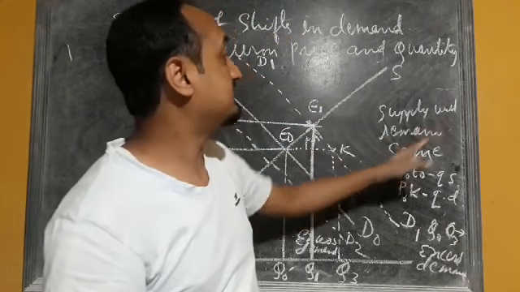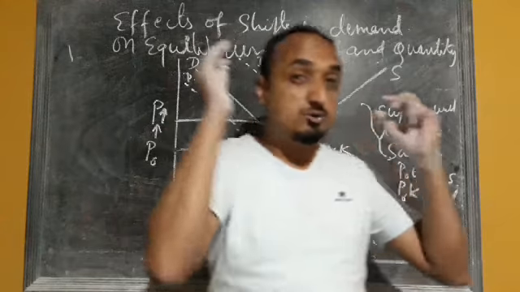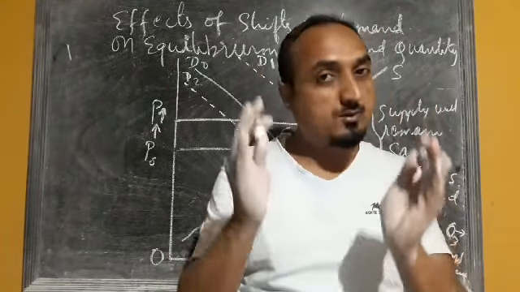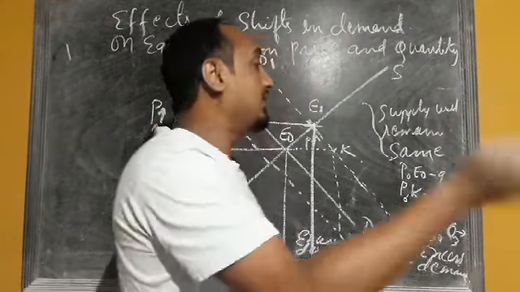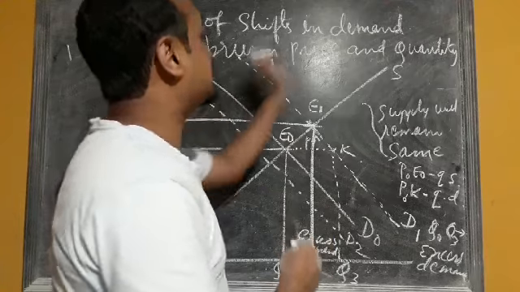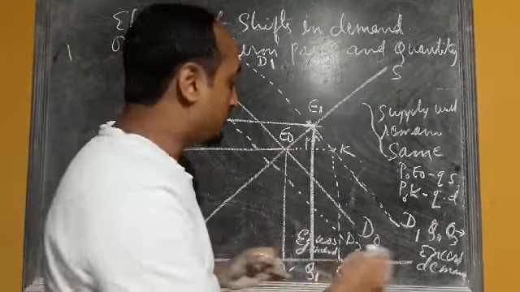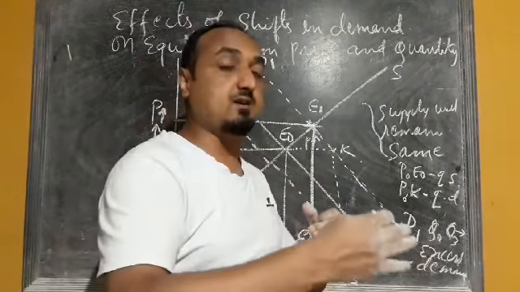Remember one thing here: the supply is remaining constant. As we have already mentioned, supply remains the same. Supply is not changing; we are only showing what will be the impact on equilibrium price and equilibrium quantity if demand shifts rightward and leftward. When it shifts rightward, we have already discussed what will happen. The price will increase and quantity demanded will decrease because the price is increasing.